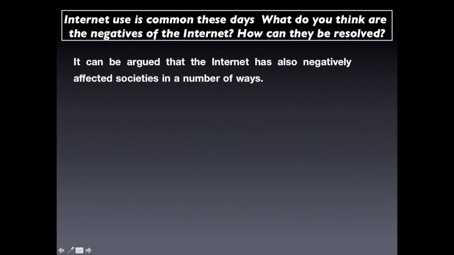And the text at the top is the question itself. So you can read this question and then emphasize that the paragraph that's in their book answers the first question over here about what are the negatives of the internet. So the one on the board is the topic sentence.